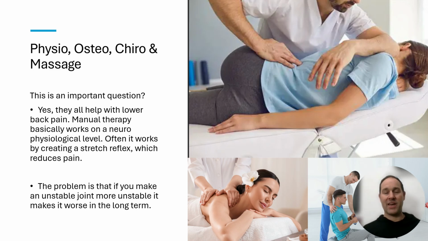Getting that manipulation does relieve pain and spasm in the short term. But the problem is that you've actually made that segment more unstable in the long term, which means that the spasm is more likely to come back and you are more likely to have repeated effects of back pain. So we need to be careful in our thinking.